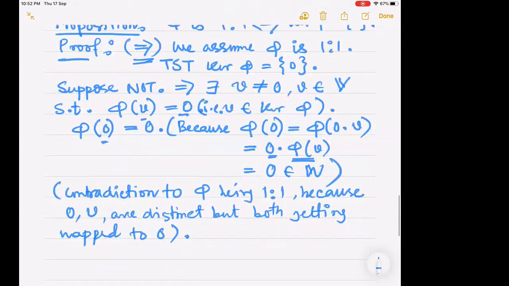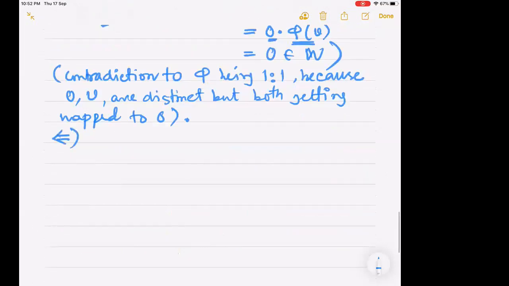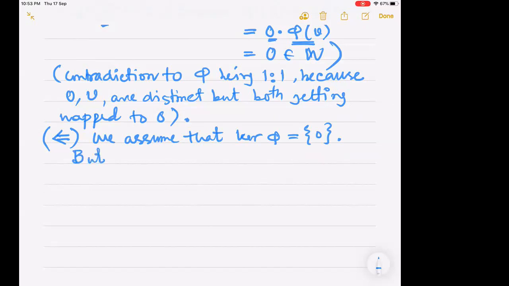What is interesting is this other direction, that kernel 0 would imply that it's 1 to 1. So what we are doing here is we assume that kernel phi is equal to 0, and we have to show that phi is 1 to 1.